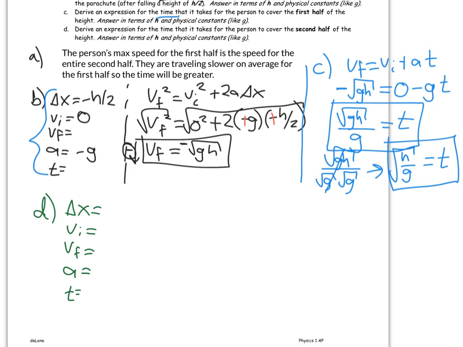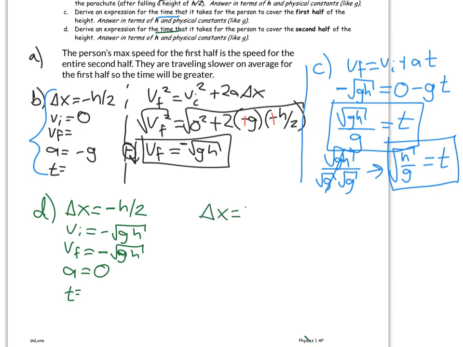All right, for the last one, we now want to find the time for that final half. And so we're going to set up a new equation because we're no longer dealing with the first half. For that final half, we know that our displacement, once again, is negative h over 2. Both our initial and final velocities are going to be this negative root gh. At this point, you could probably make everything positive if you wanted, but we'll stick with the negative that we've been doing, and our acceleration is 0. So we want to solve for this time.